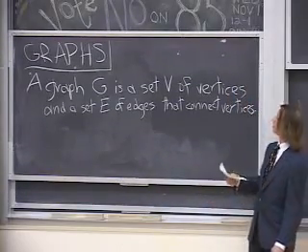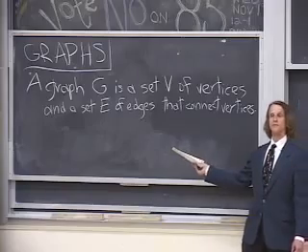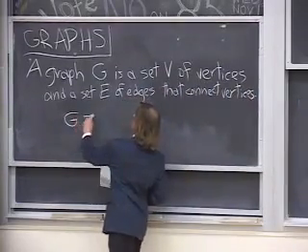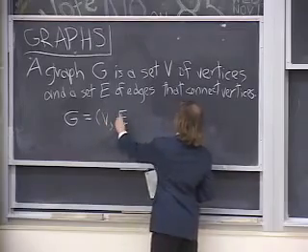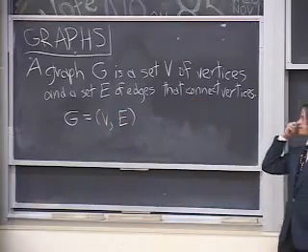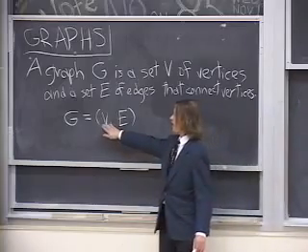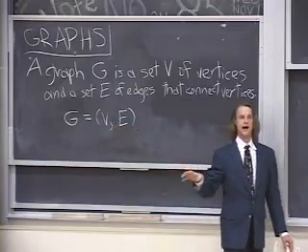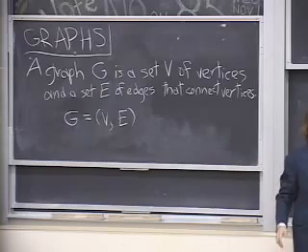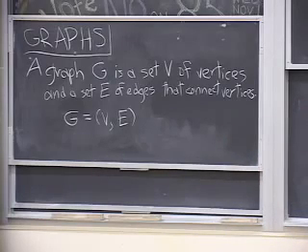But graphs in general, often mathematicians like to use the notation G equals (V, E), by which they mean that a graph is an ordered pair consisting of a set of vertices and a set of edges. Now, this notation looks deep, but it really isn't. It's just formalism. Some people just love formalism.